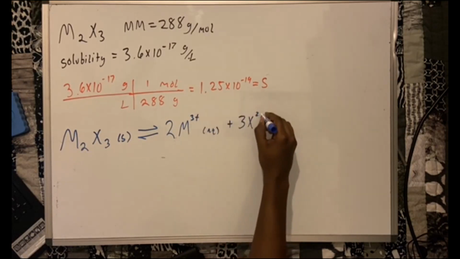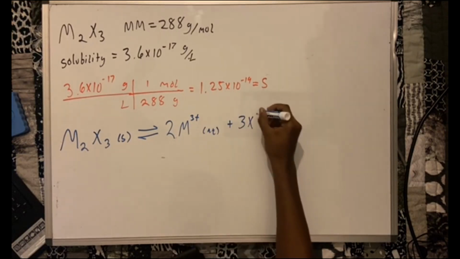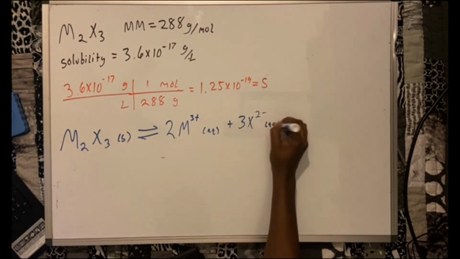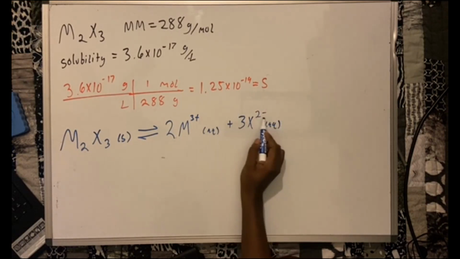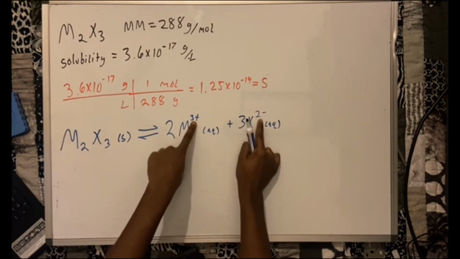The charges don't really matter. We're not doing anything with them. I'm just putting them up there to make my life more complicated so I can make more mistakes. That's also aqueous. You don't really need the charges. These coefficients are important. Those, not so much.